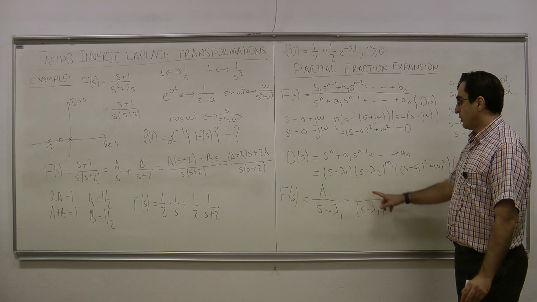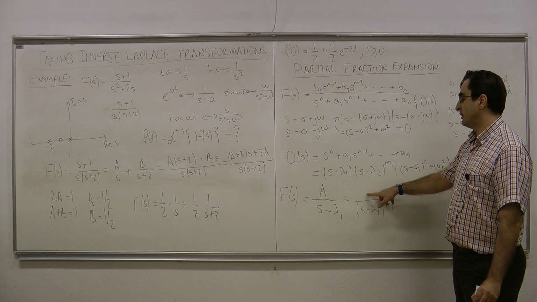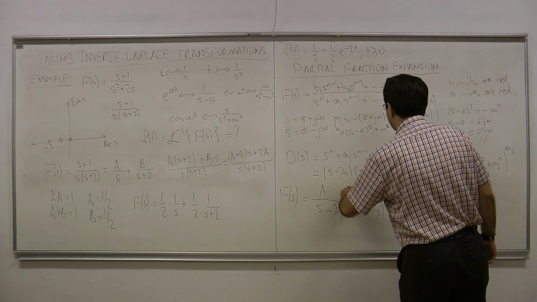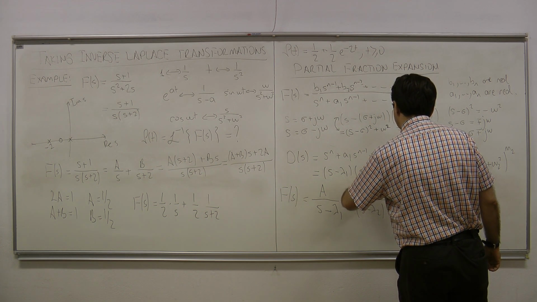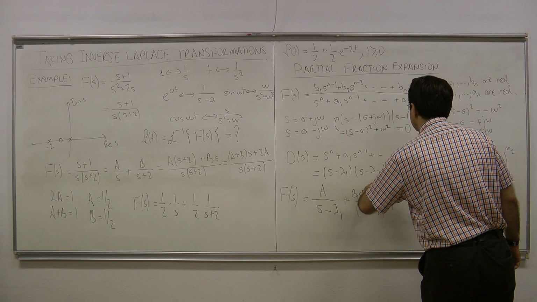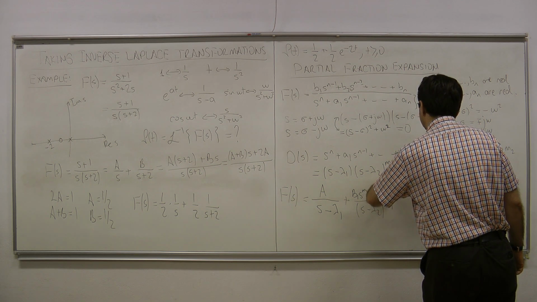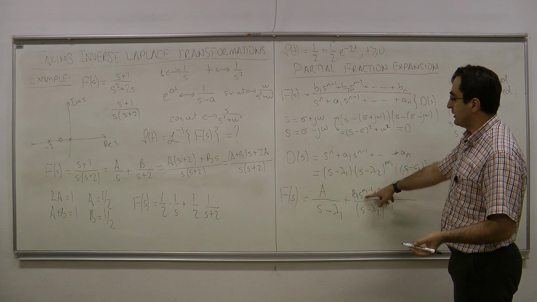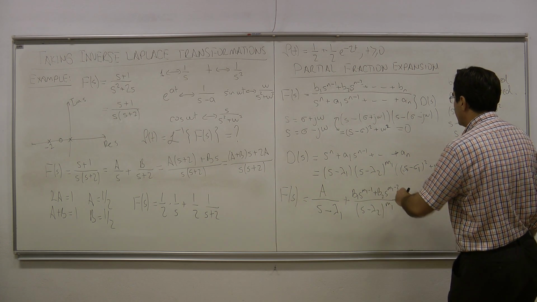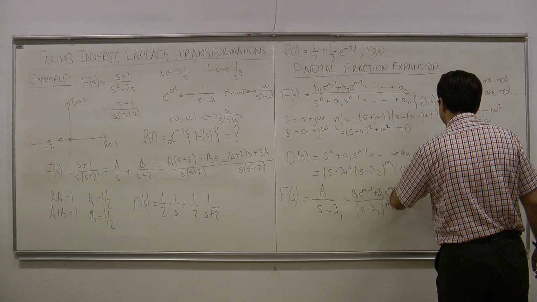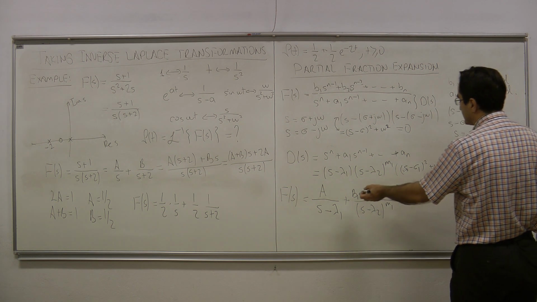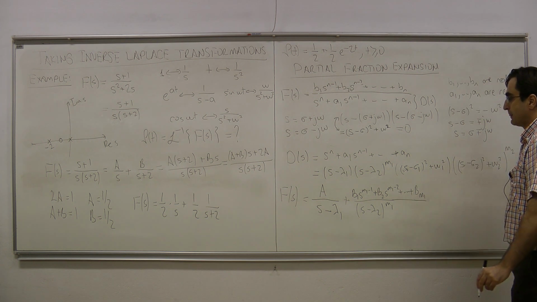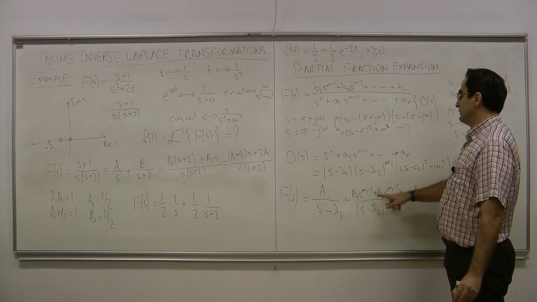So I'm going to put here a polynomial with order m1 minus 1. I will put an unknown coefficient b1 s to the m1 minus 1 plus b2 s to the m1 minus 2. I don't know what m1 is, but I'm always going to start with m1 minus 1 here, and I'm going to continue until I reach a constant, and that constant is going to be b m1. Okay? So there will always be unknown coefficients.